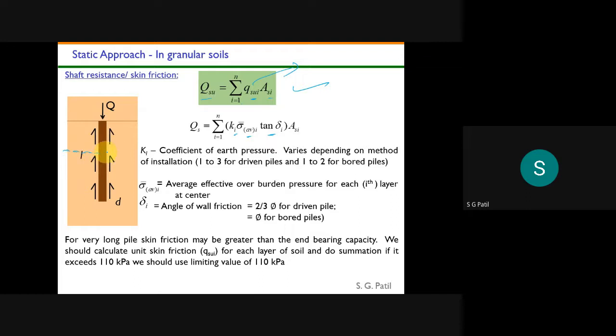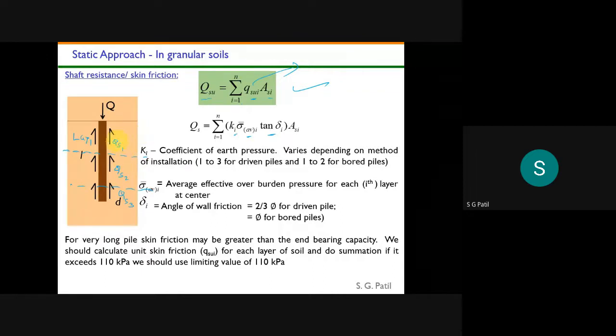Let me draw. This is layer 1 and this is my layer 2. In this layer I am calculating the shaft resistance. So this is like QS1, QS2 and QS3. I have to add these up, then only will I get the skin resistance or shaft resistance for the entire pile length.